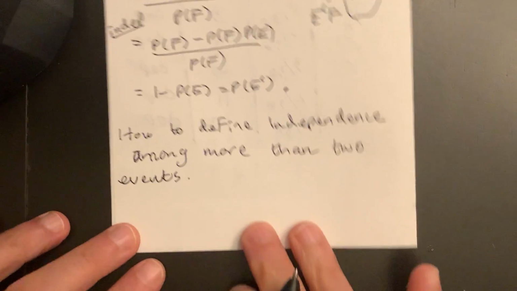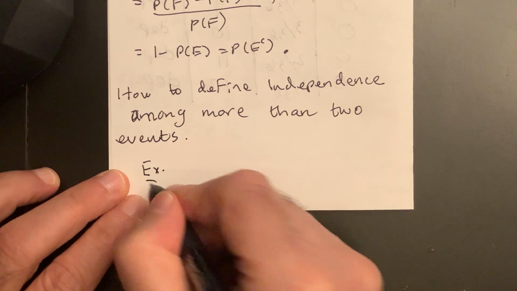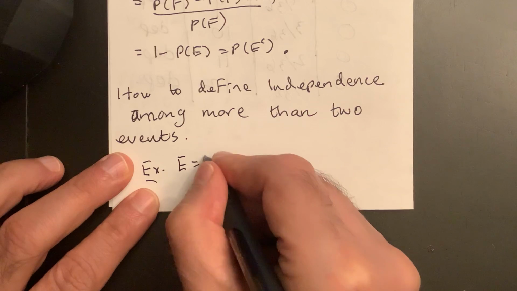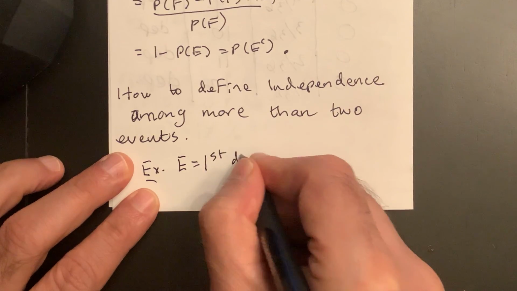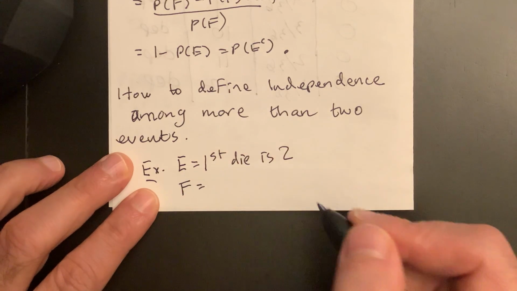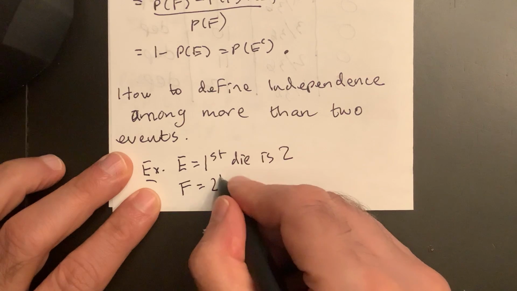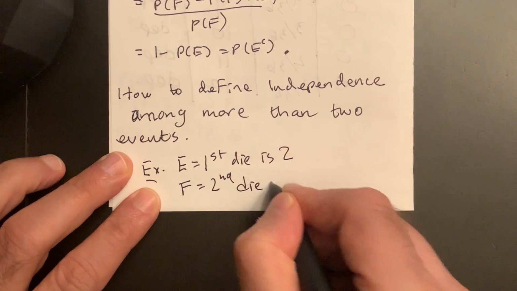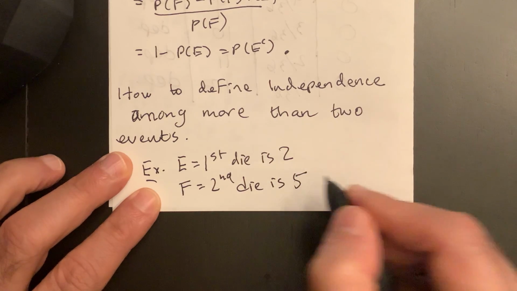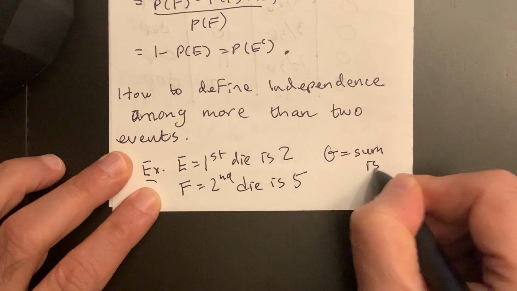We can motivate this with an example. Suppose, for example, we have, let's say, E: first die is 2, F: second die is 5, and G: sum is 7. So this is rolling two dice.